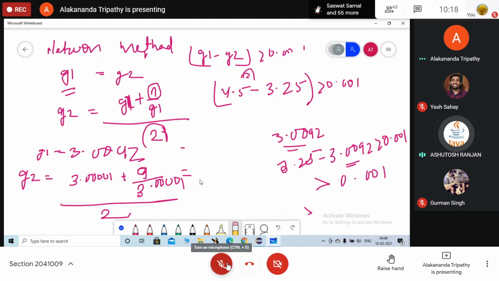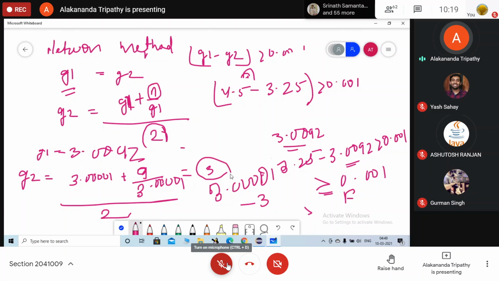Which is correct? Ma'am, 3. The answer here is 3. Okay, so when we subtract 3.001401 minus 3, what will the answer be? Here it will be false. Now this value will be false. So how much did the square root come to?